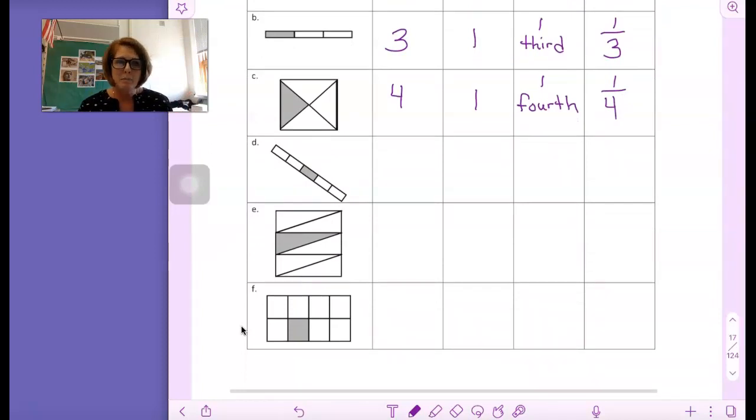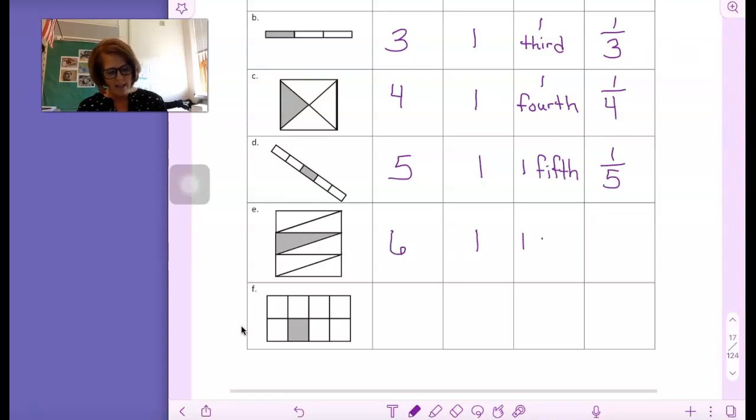Letter D, we have 5 equal parts. 1 part is shaded, so we say 1/5. And we write it like that. Next, we have 6 equal parts. 1 is shaded, so we say 1/6.